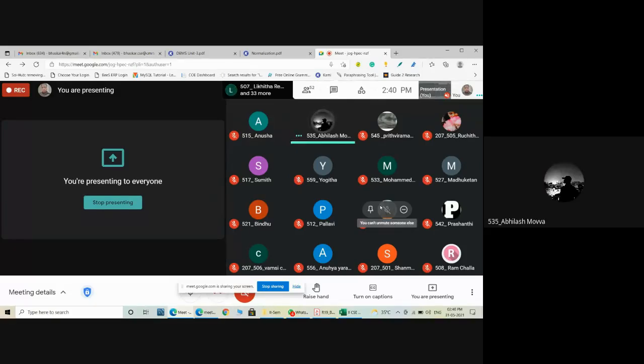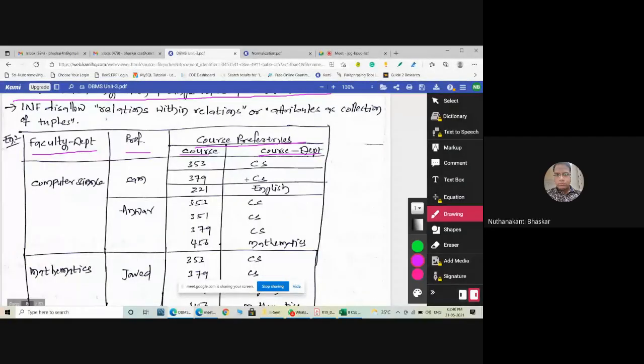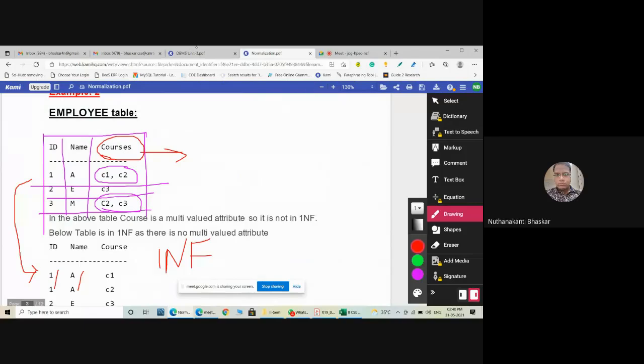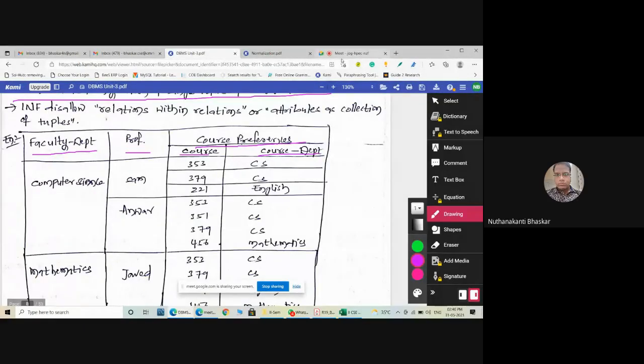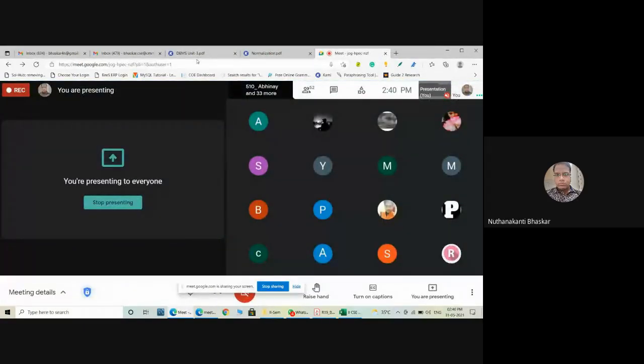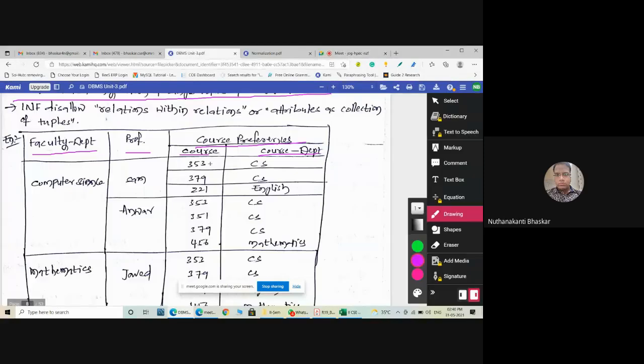All of you understood. Here is another example, a different category. Your book tells one thing, but here I am discussing real-time examples. Sometimes when we prepare data in a tabular fashion, we can prepare it like this. Is course preference a derived attribute or not?